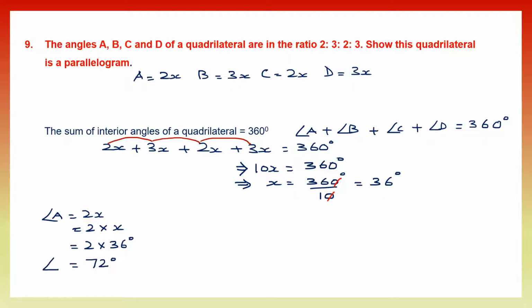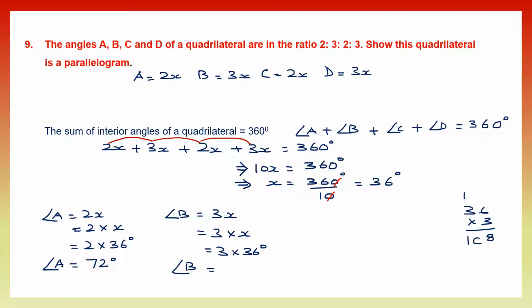So this is the value of angle A. Now let's find angle B. Angle B is 3x, which is 3 into x, which is 3 into 36 degrees. So let's multiply and find the value of angle B. 36 into 3. 3 6s are 18, carry 1. 3 3s are 9 plus 1, 10. So angle B is 108 degrees.